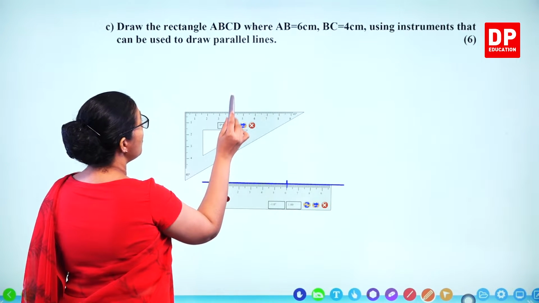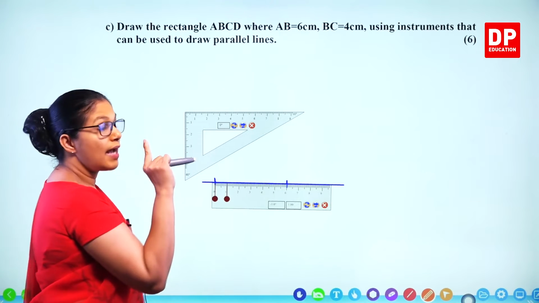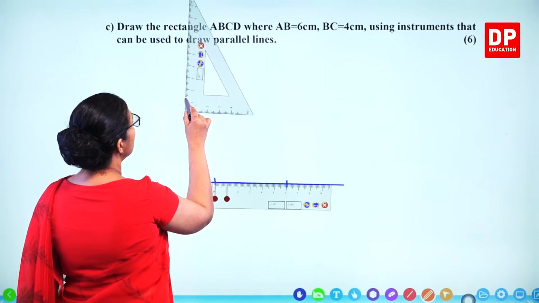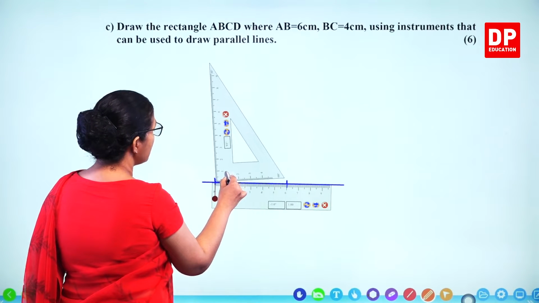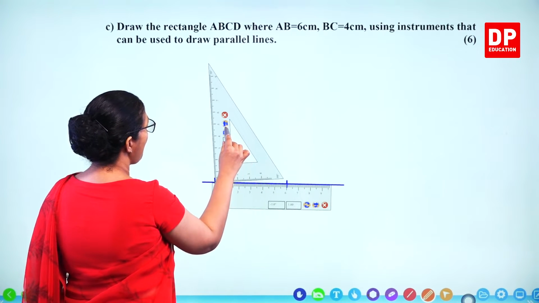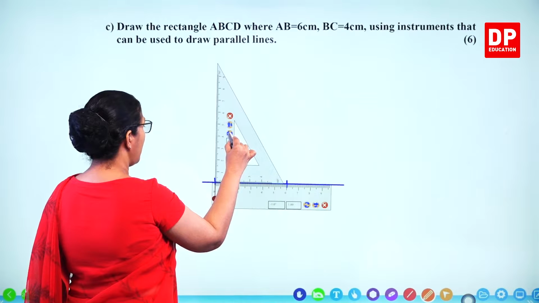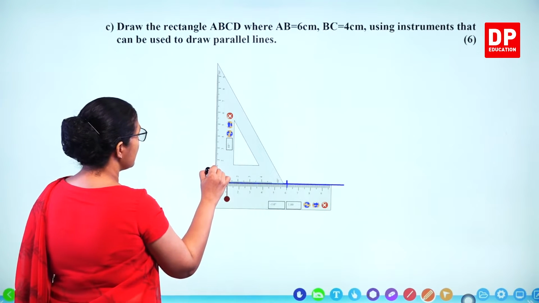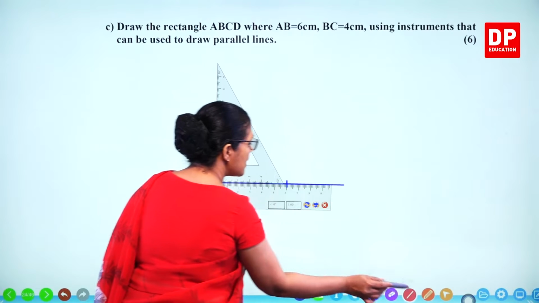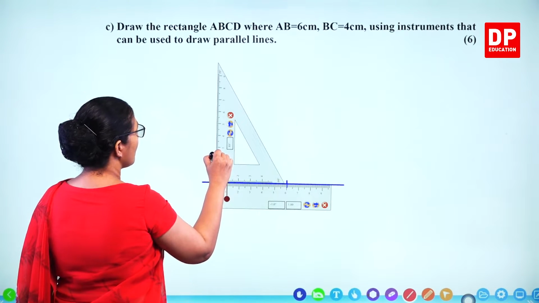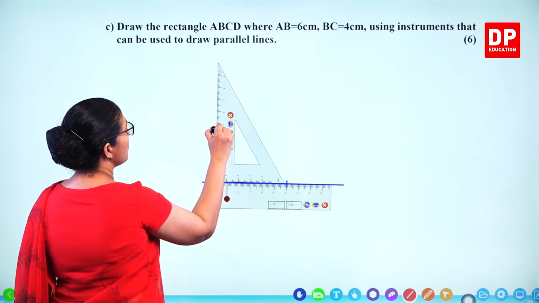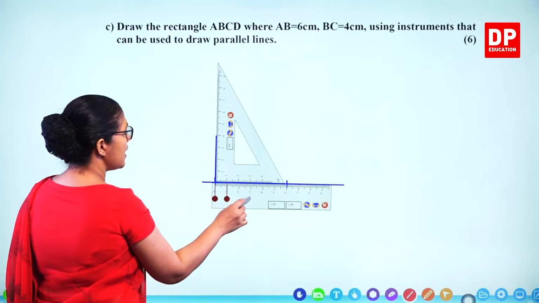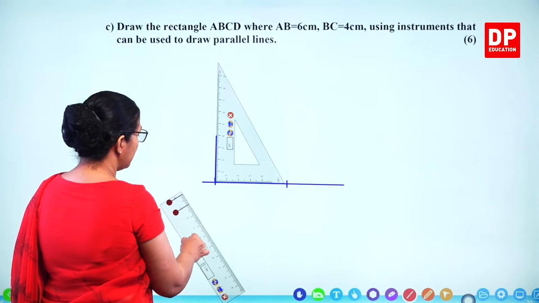Then you can keep the set square. Now in a rectangle, 90 degrees are there. So we can first keep it here on top of the line, and then this side 4 centimeter length. So we can draw 4 centimeter length up to this point. Then what can you do? You can take the ruler here.